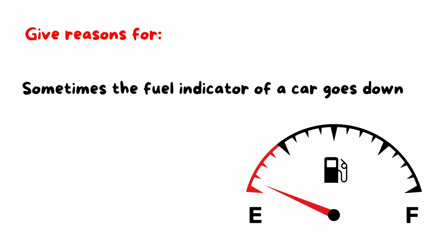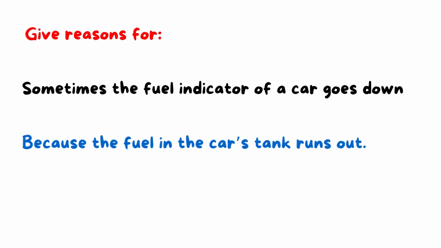The indicator shows us that the tank is empty. Okay, so why does this happen? Because the fuel in the car's tank runs out. Okay, so this is the reason, because the fuel in the car's tank runs out.